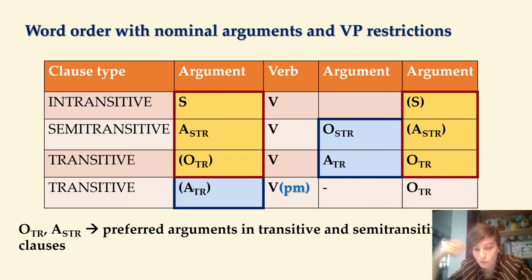So the semitransitive object has a fixed position right after the verb, and the transitive agent as well, which can be dislocated in a pre-verbal position like the transitive object, but when this happens, it needs to be marked on the verb by an enclitic. So in transitive and semitransitive clauses, the transitive object and the semitransitive agent are preferred arguments in terms of word order.